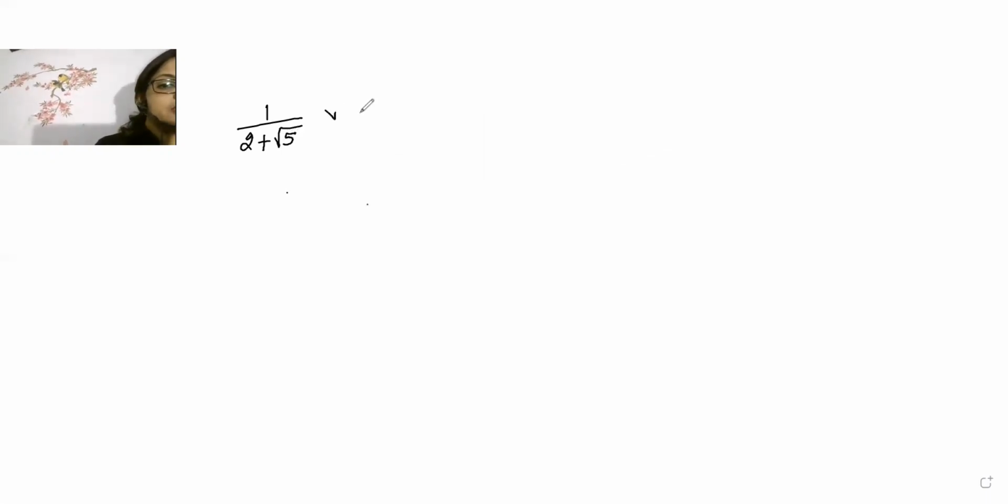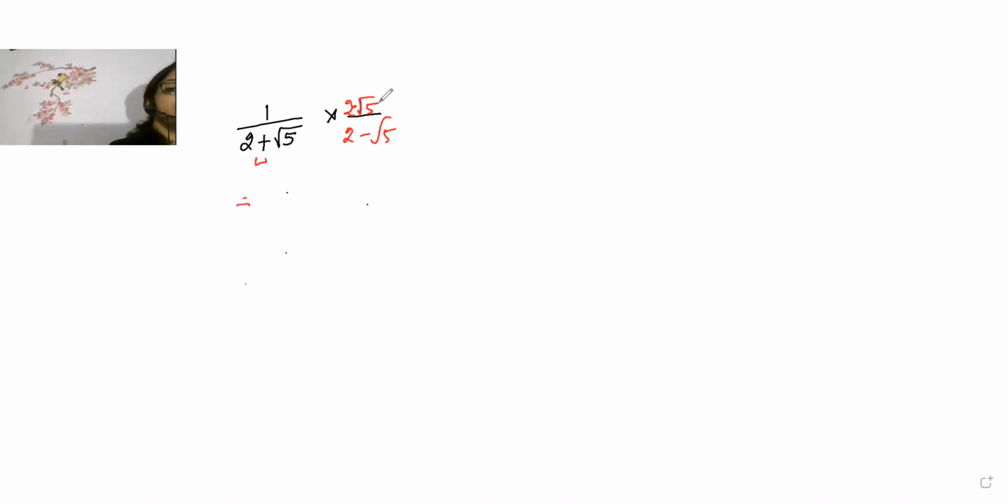Don't multiply it with the same number. You have to multiply it with a different number. Because here 2 plus root 5 is there, you are going to multiply with 2 minus root 5. Whatever sign is there, you write the opposite sign. Here the sign is plus, so opposite to plus is minus.